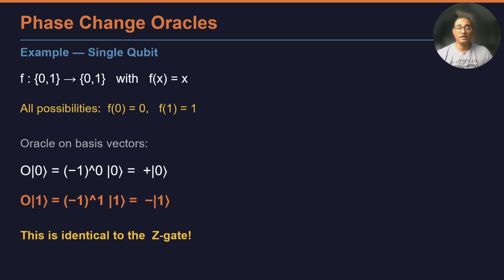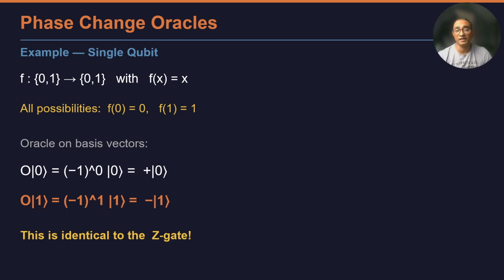If you apply this with a simple example, let's say putting the first bit as 0, you will get an output of 0. You can do the calculation here: if you put it in the oracle as 0, minus 1 raised to the power of 0 with the input of 0 will keep it 0, because minus 1 raised to the power 0 is plus 1.